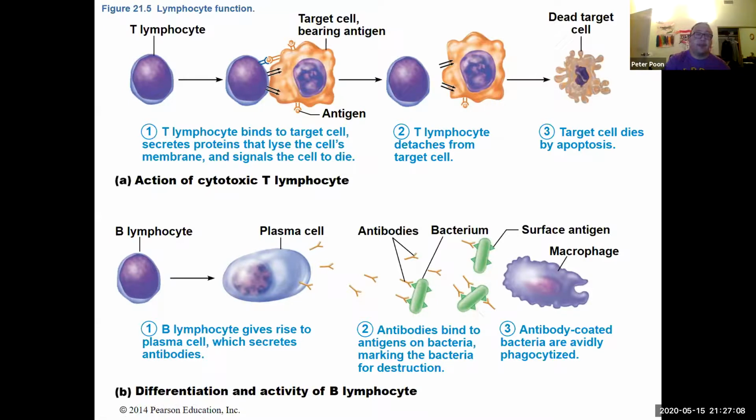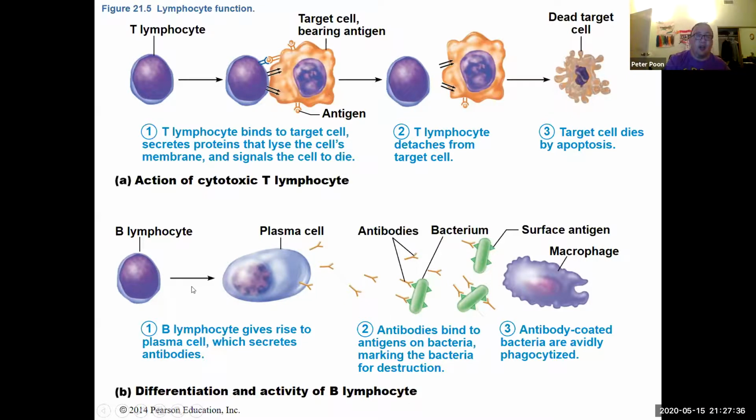These B lymphocytes, once they recognize there's an antigen, will turn into a plasma cell. A plasma cell will secrete antibodies. Antibodies will bind to the bacterium, and they will cause macrophages to eat up the bacterium.